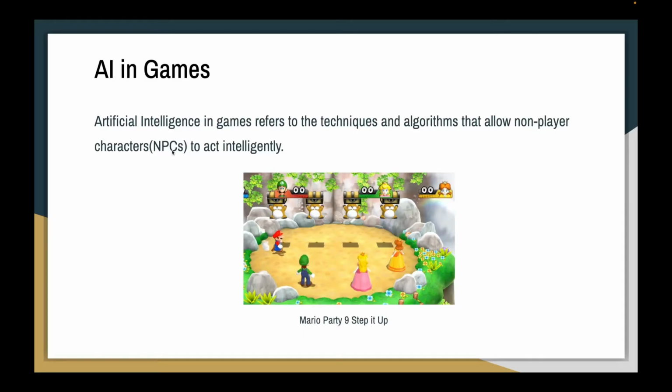Non-player character is a character in a video game that the player does not have the control over. Instead, the game's computer or otherwise the AI controls them. These characters are there to make the game world feel more alive and interactive.